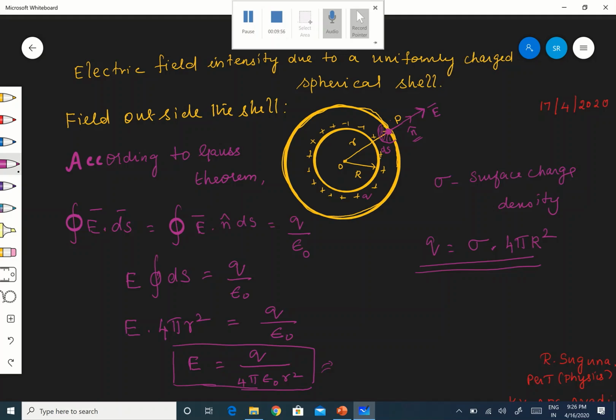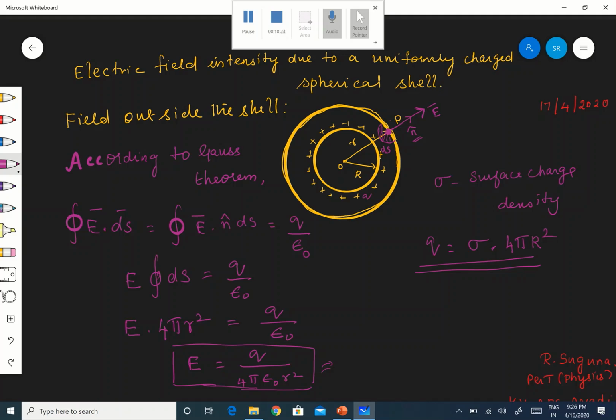Therefore, in this case, the charged spherical shell acts as if the whole charge is concentrated at the center of the shell, when the point of interest P is outside the shell.